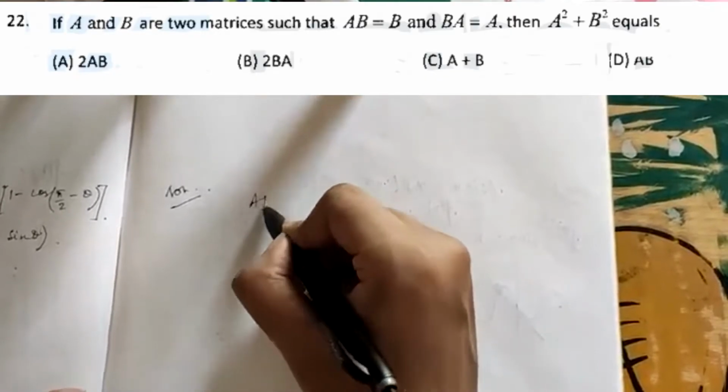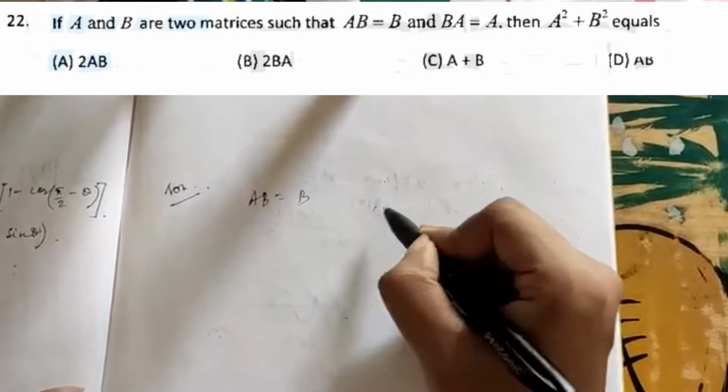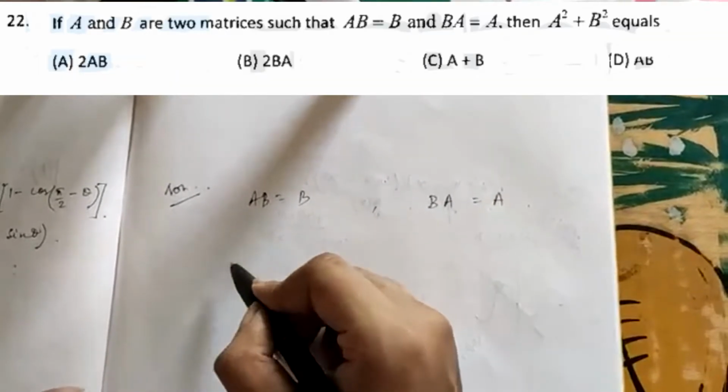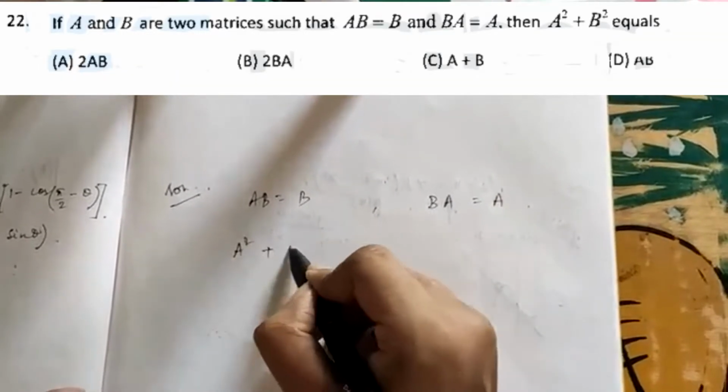It's said that AB is equal to B, and it's also said that BA is equal to A. They are asking what will be the value of A square plus B square.